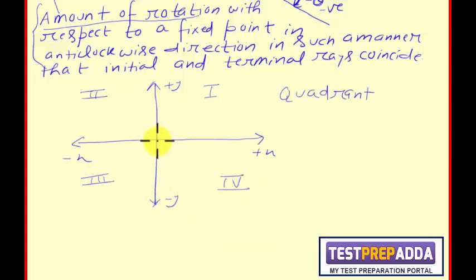Now, consider this origin as the vertex, and along the x-axis in the positive direction is our initial ray. This is the initial ray.